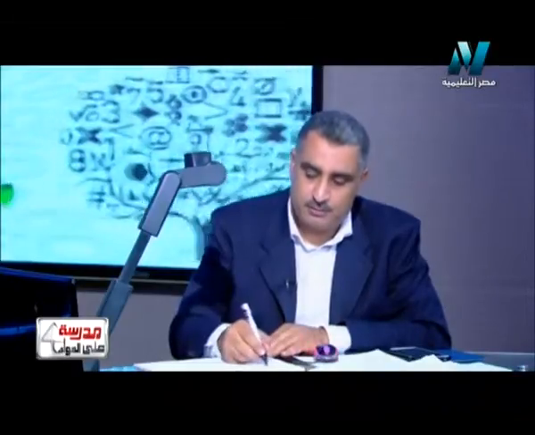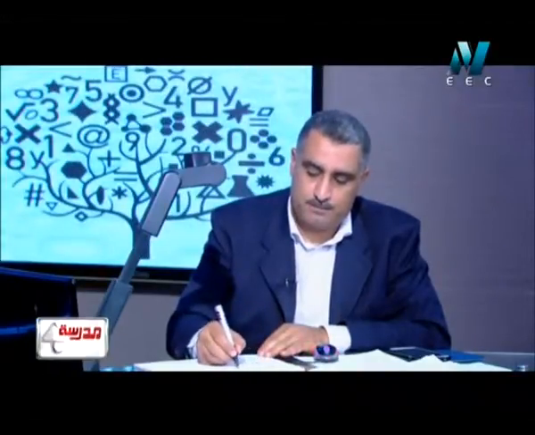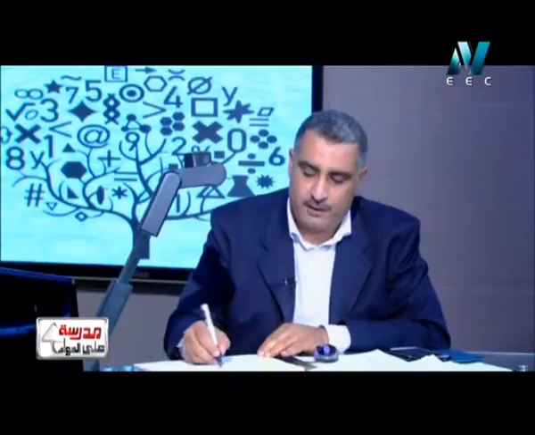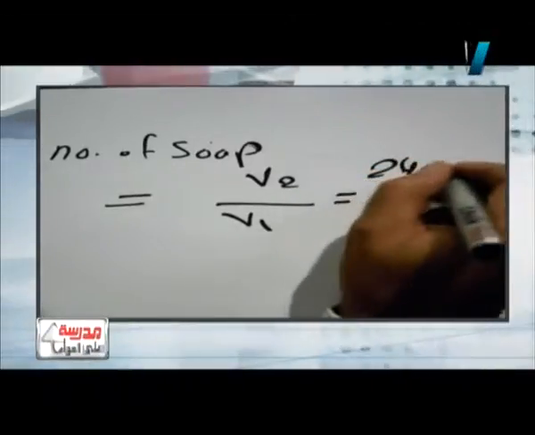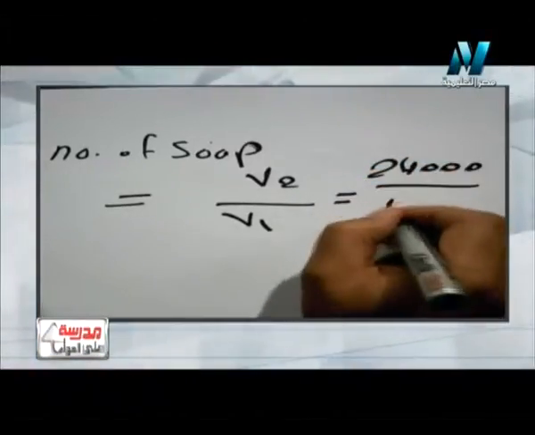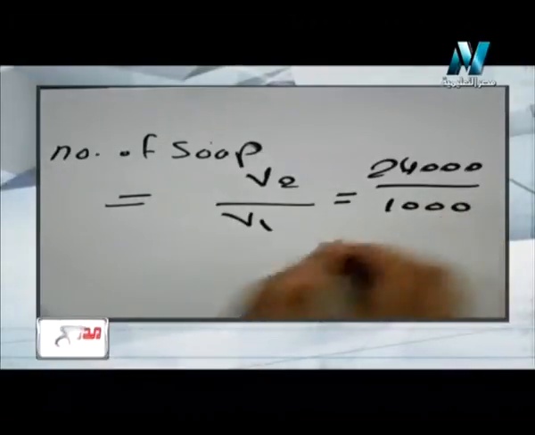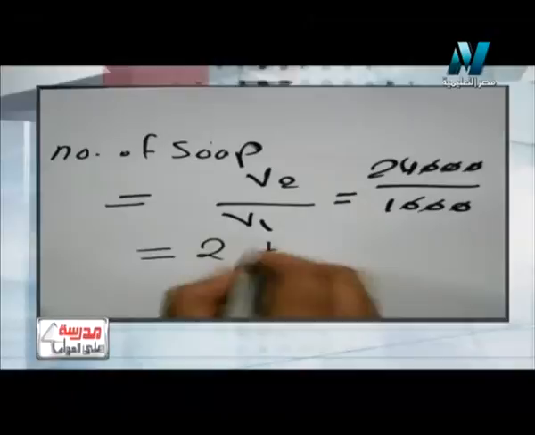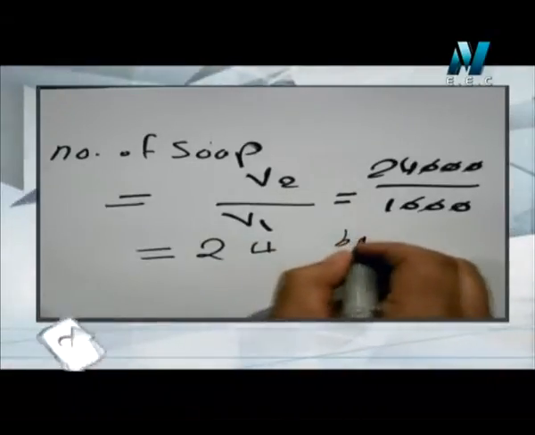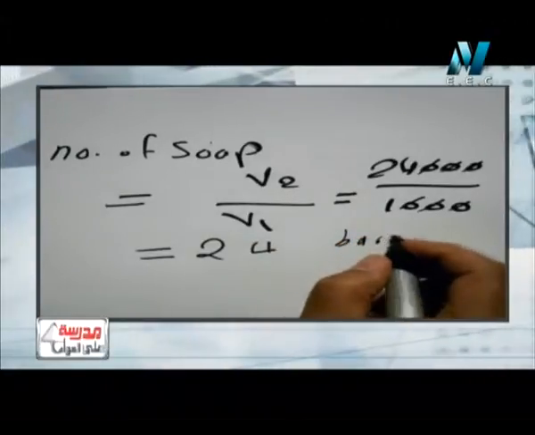The number of soap equals V2 over V1. V2 equals 24,000, divided by 1,000. So easy to get the result: 24 bars of soap.